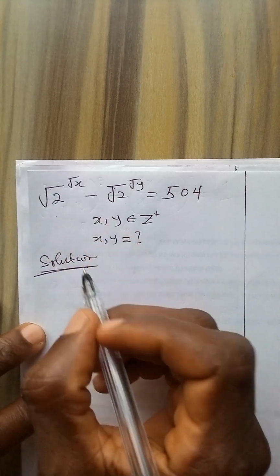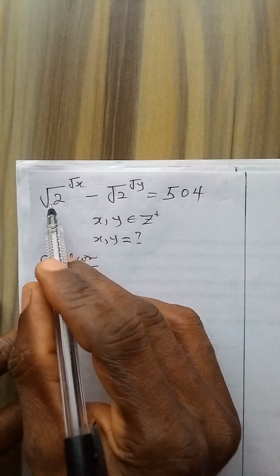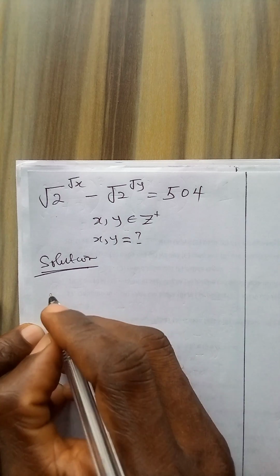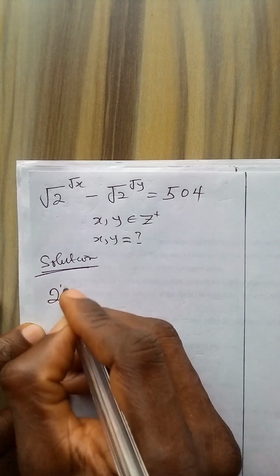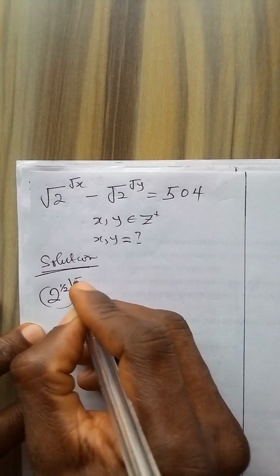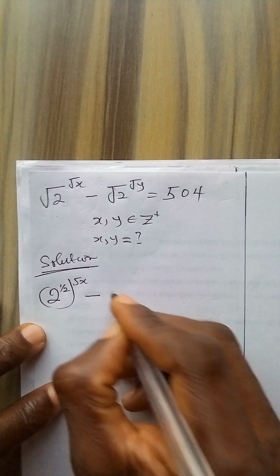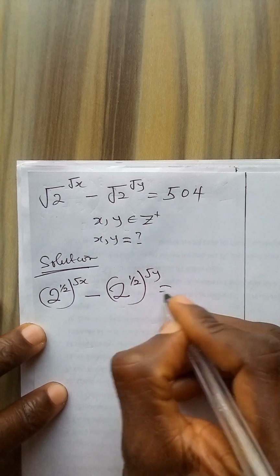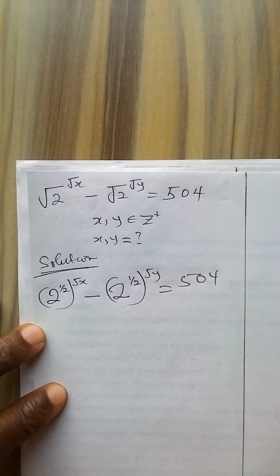Now, to solve this problem, let us rewrite the expressions in the left-hand side. They can be written as 2 to power 1 over 2 raised to power root x minus 2 to power 1 over 2 raised to power root y is equal to 504.